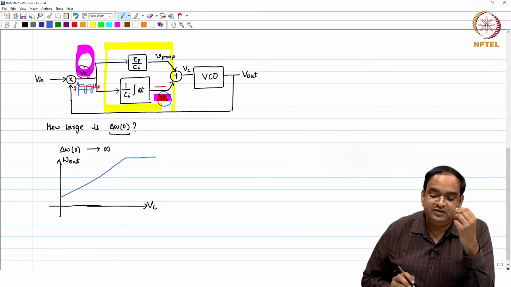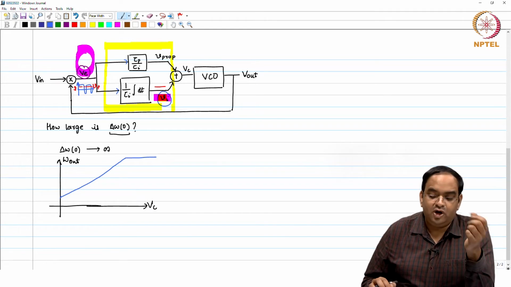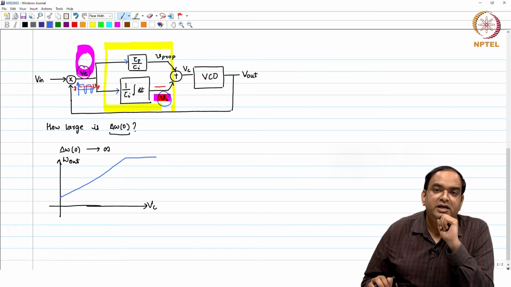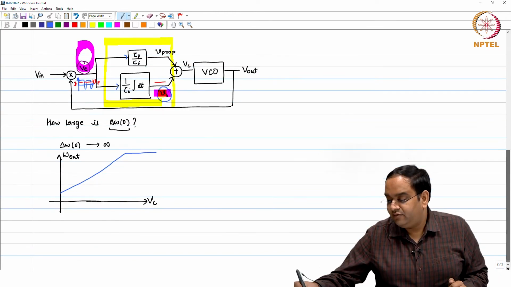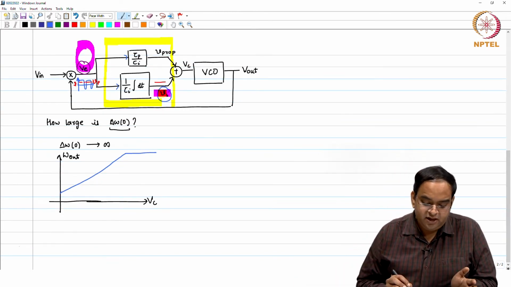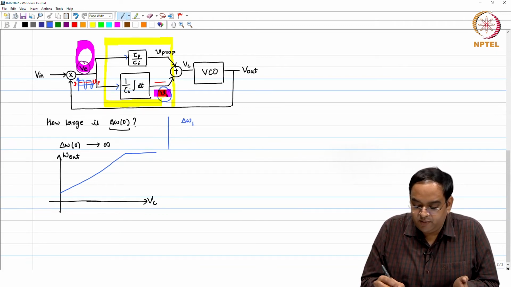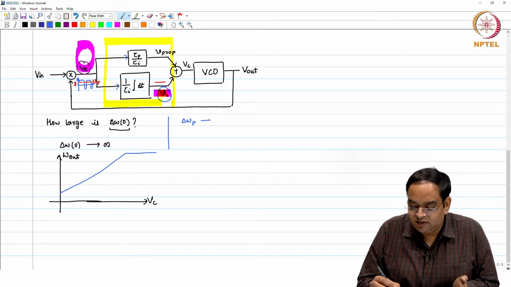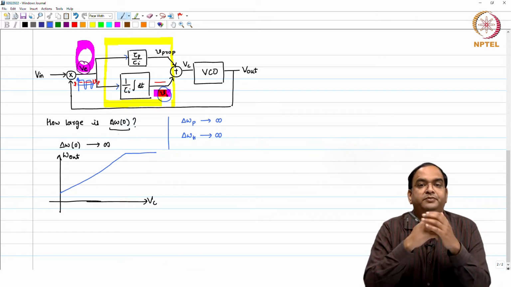Mostly the output frequency restrictions are added by the VCO or some other block, maybe the loop filter or any other block. So, your pull in range here is infinity, and if the pull in range delta omega tends to infinity, your hold in range also tends to infinity.